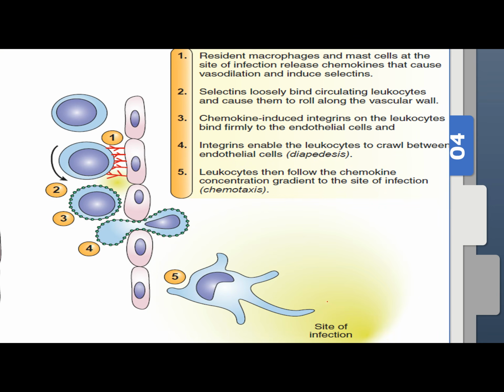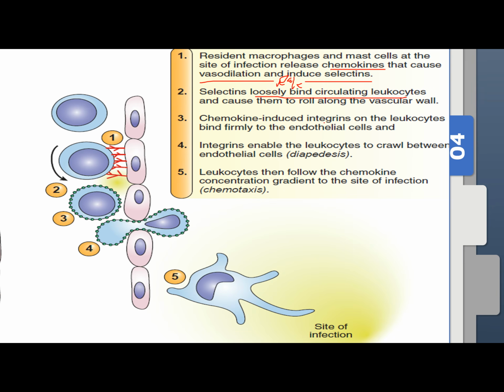Then this is how basically class the summary of how your WBC would move to the site of infection. So resident macrophages and mast cells would release chemokine, causing vasodilation and inducing selectins would loosely bind circulating leukocytes. So ito yung tinatawag ko kanina class na weak affinity, causing them to roll.